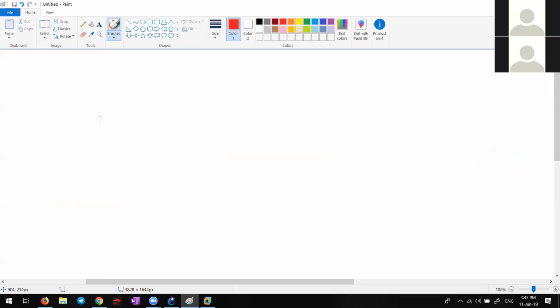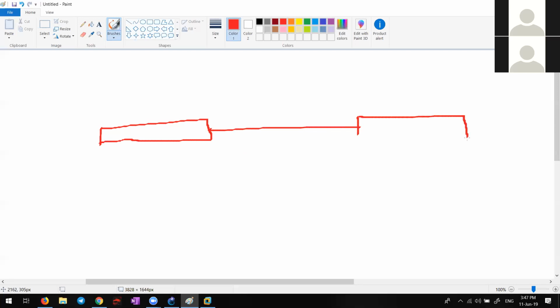So guys, let's say there is a scenario like this. This is VLAN 10, this is 1.1, this is 1.2, and this is VLAN 20.